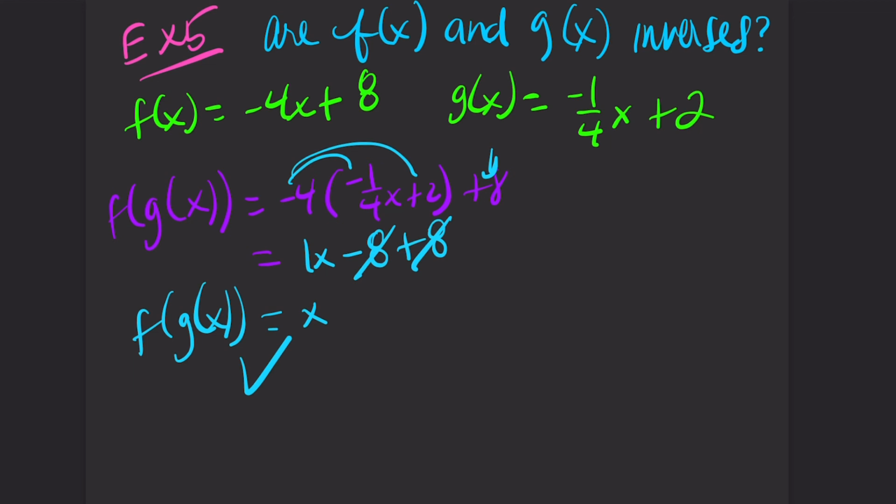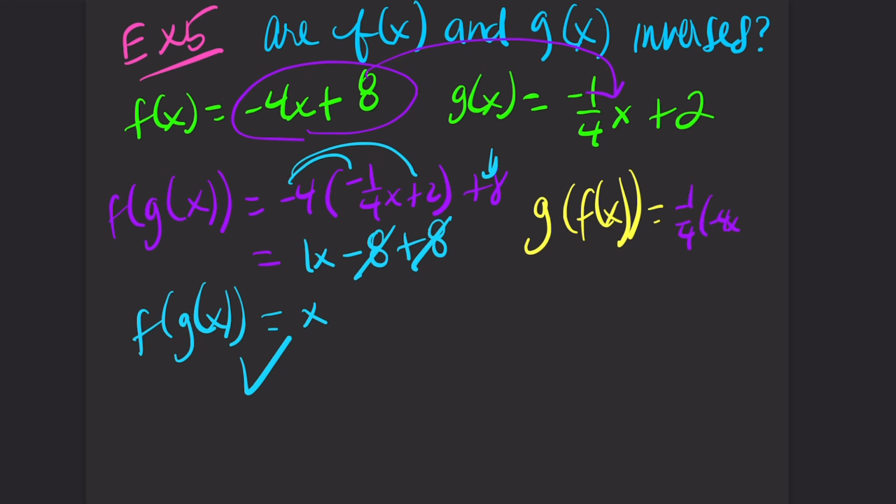Let me do the other way around. So now I am putting f of x inside of g of x. So I'm going to put this for x. Negative 1 over 4 times negative 4 will give me positive 1x.